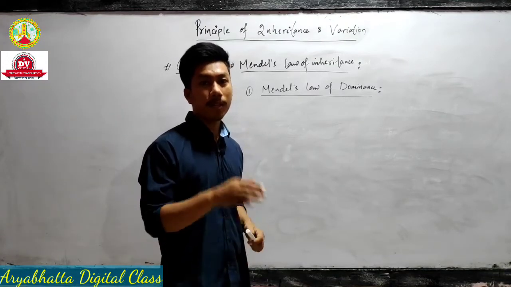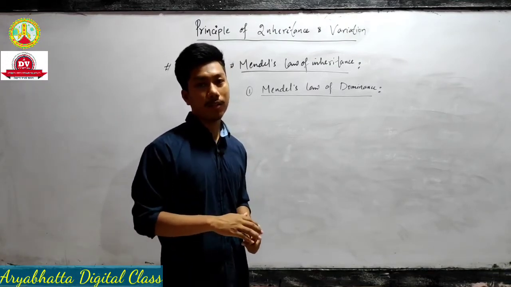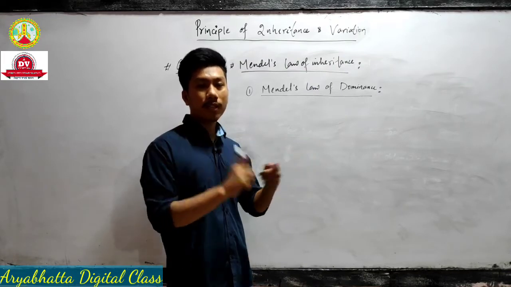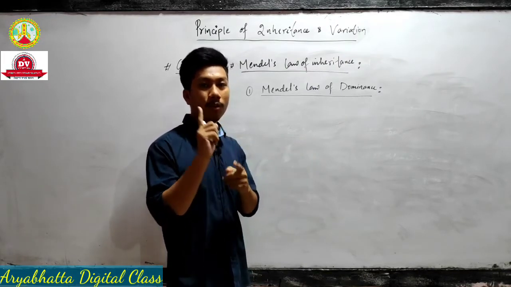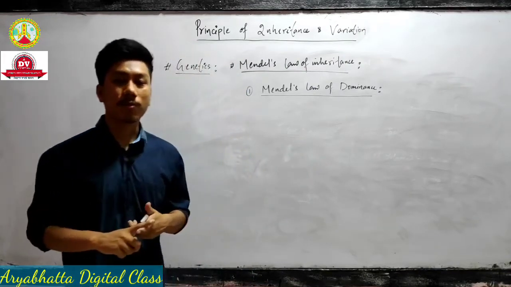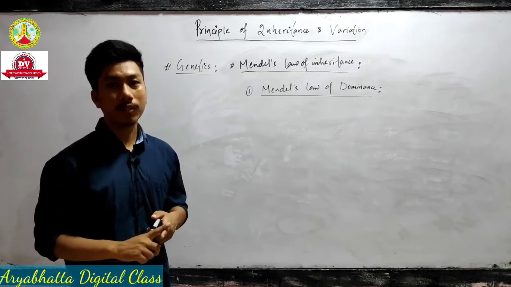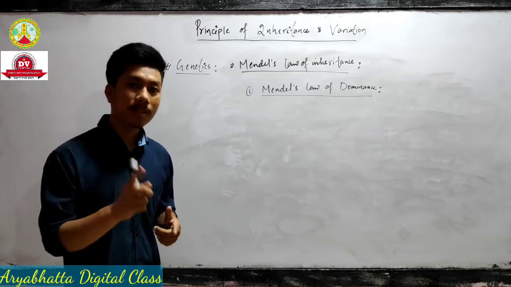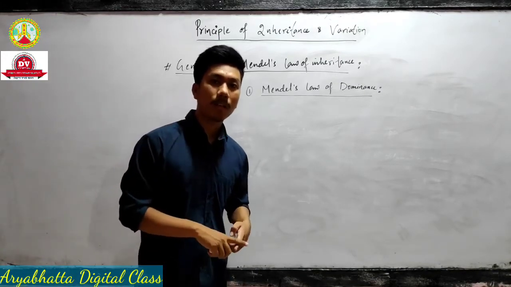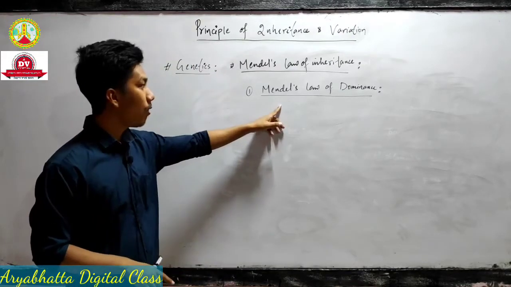The other remains hidden and is known as recessive. So when two alleles come together in an organism, only one allele shows visible effect and we call it dominant, and the other allele remains hidden and we call it recessive. So this is the law of dominance.